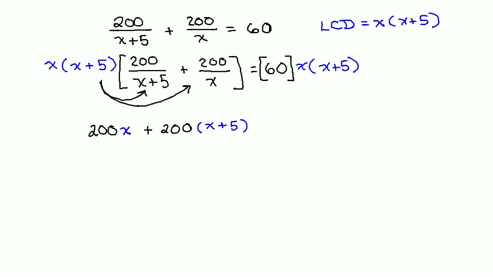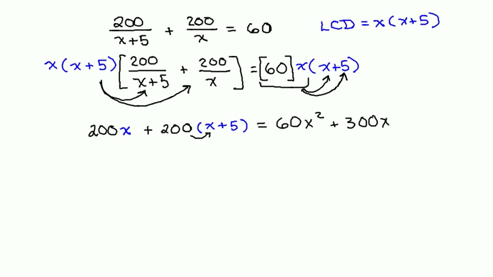So I'm going to take the whole 60x and distribute it into the parentheses x plus 5, and just do this all at once to get 60x squared plus 300x.